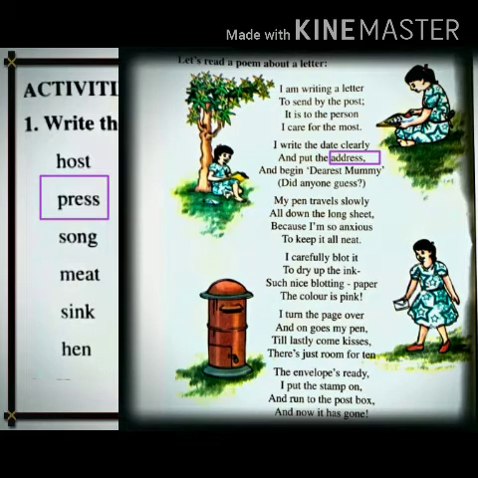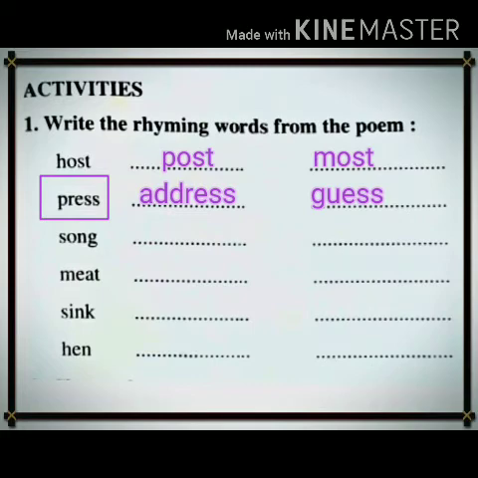Again, let's read it. Dearest mummy, did anyone guess? Now notice the word guess. Guess and press. Both have similar end sound. So we can say address and guess are the two rhyming words for the word press.